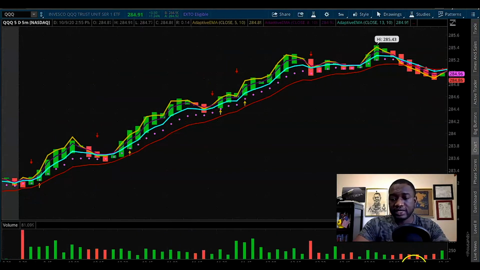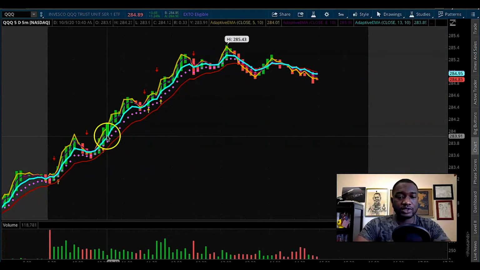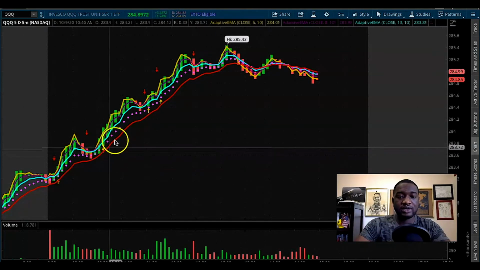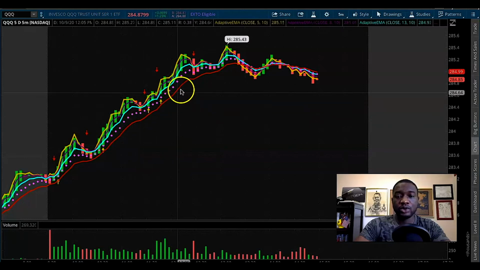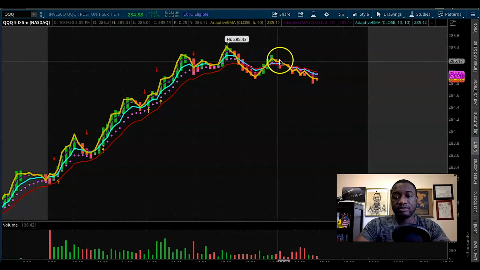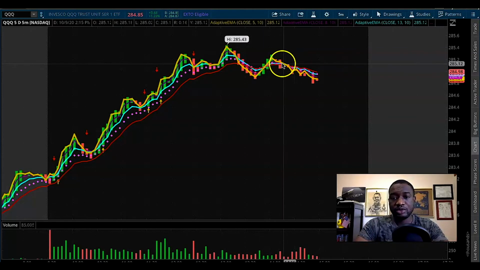So if we look at this on a bigger view, zooming out here, as you can see, all throughout the day, this was pretty much a hold all throughout the day. And the trend change was basically around this time right here.